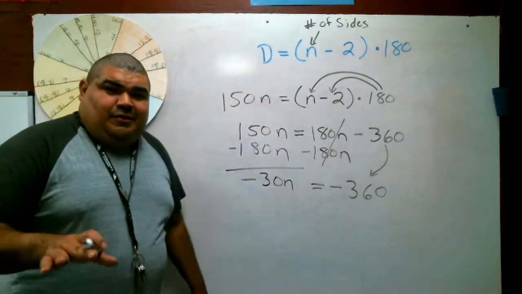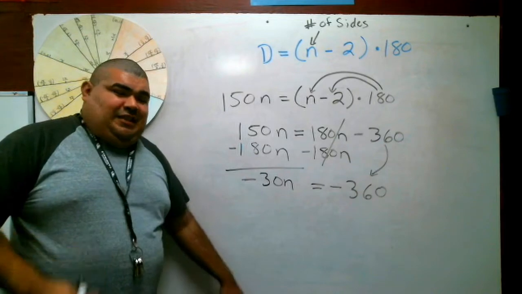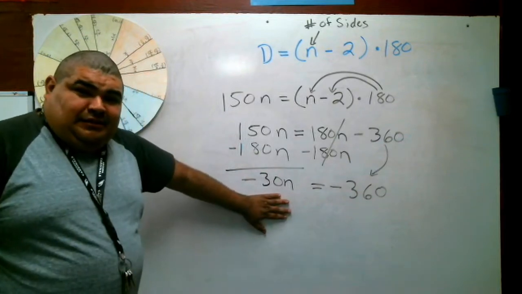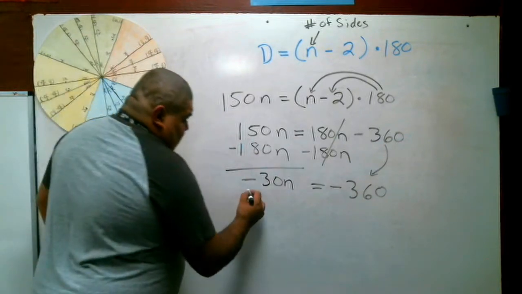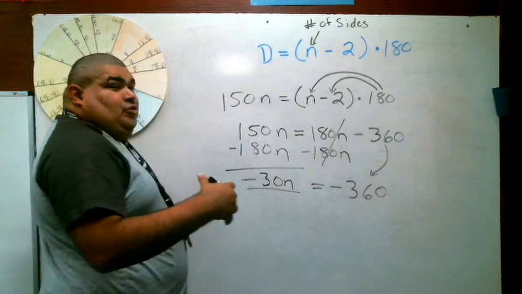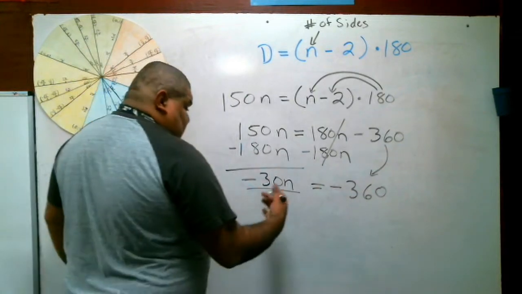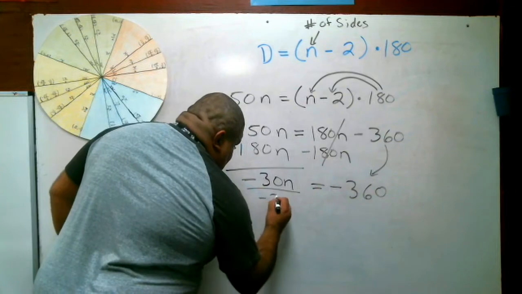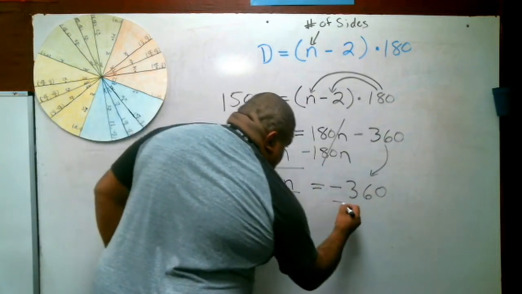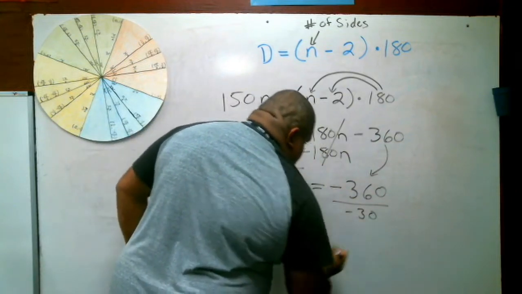We're almost there. We're almost going to find out how many sides. The last part is you divide by negative 30, because we're trying to solve for n, a specific variable. Negative 30 cancels out, and we divide on the other side.